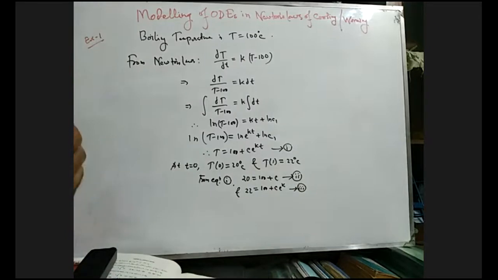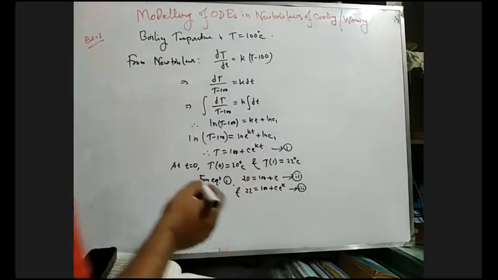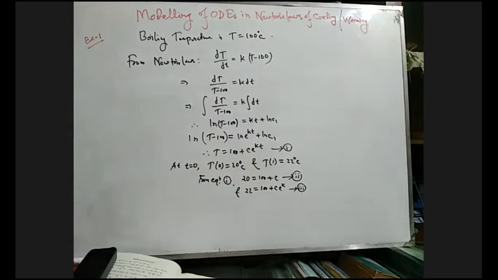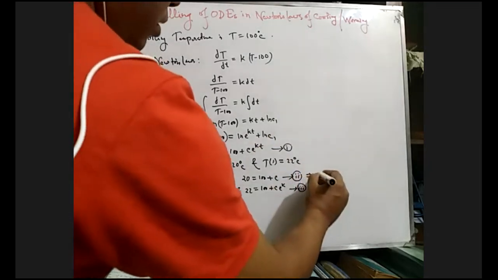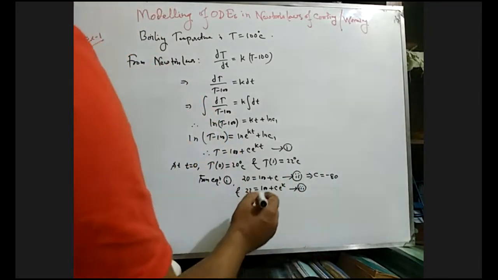Now we can solve this for c, just subtracting. So from here c equals minus 80.